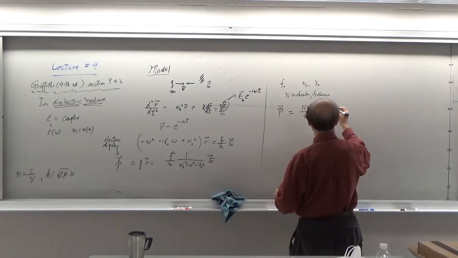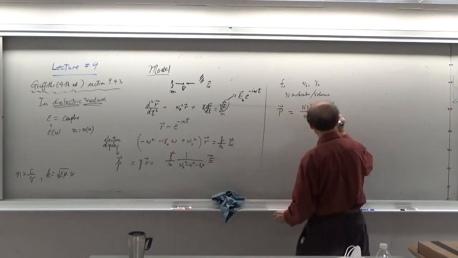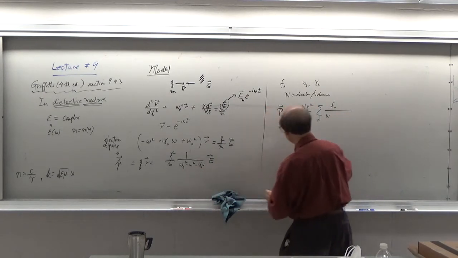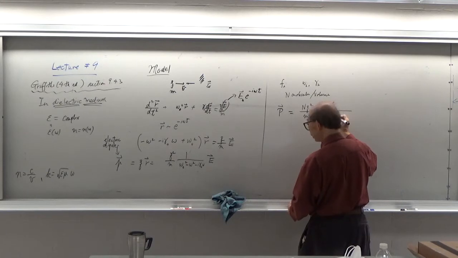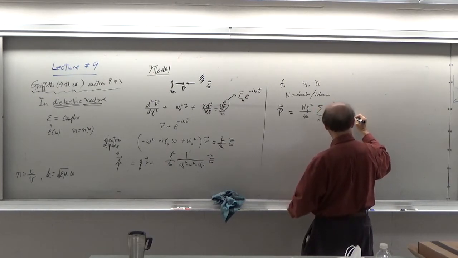And there are Fi of them in the ith group, and each one contributes that much, divided by omega, now change notation from naught to I, squared minus omega squared, minus i gamma I omega.